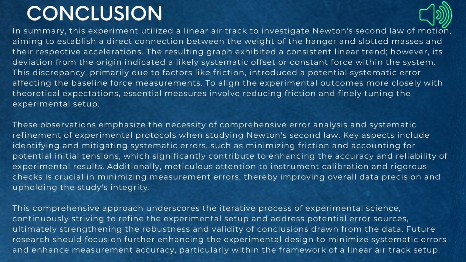This observation emphasizes the necessity of comprehensive error analysis and systematic refinement of experimental protocols when studying Newton's second law. Key aspects include identifying and mitigating systematic errors, such as minimizing friction and accounting for potential inertial tensions, which significantly contribute to enhancing the accuracy and reliability of experimental results.